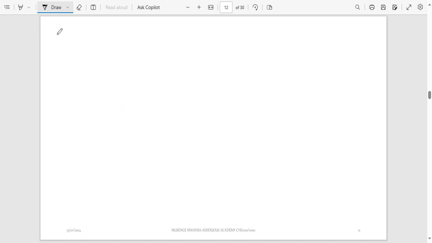Let me start. When n is equal to 1, this is the first energy level. We want to find first the angular momentum quantum number. What will be L? L will only be 0. Remember, it is n minus 1. And when L is 0, that means that ML is going to be equal to what?